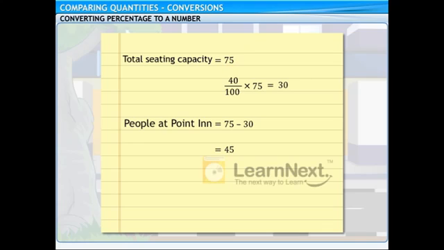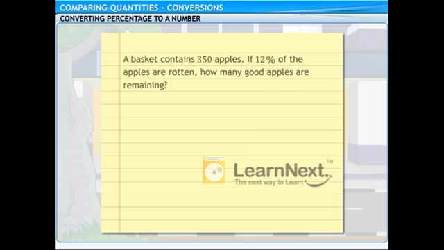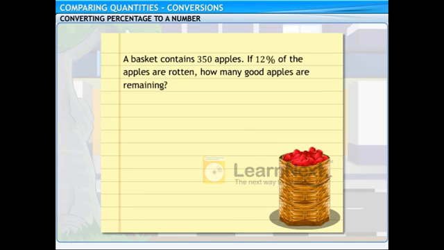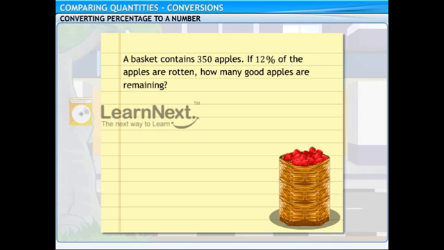There are times when you would have to convert a percentage to a number, like Mr. Beam did. Let me show you another example. A basket contains 350 apples. If 12% of the apples are rotten, how many good apples are remaining? The total number of apples is 350.